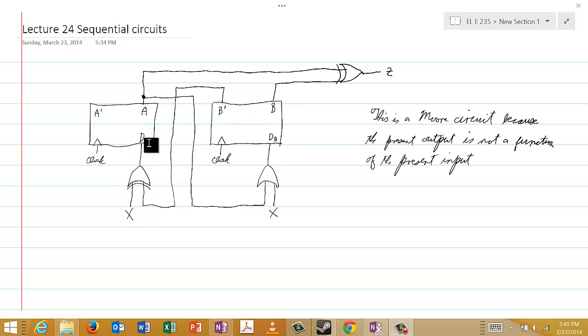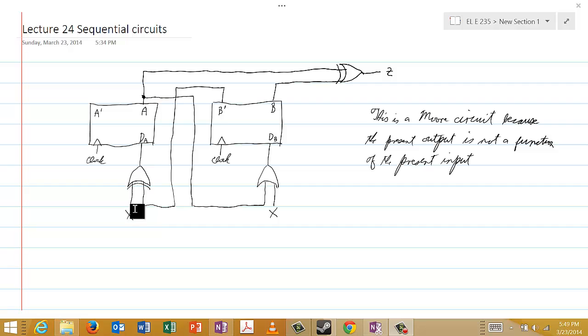And since both of these are D flip-flops, in order to help us distinguish between the D input of the A flip-flop and the D input of the B flip-flop, we'll label the D input of the A flip-flop as D sub A, and the D input of the B flip-flop is D sub B.